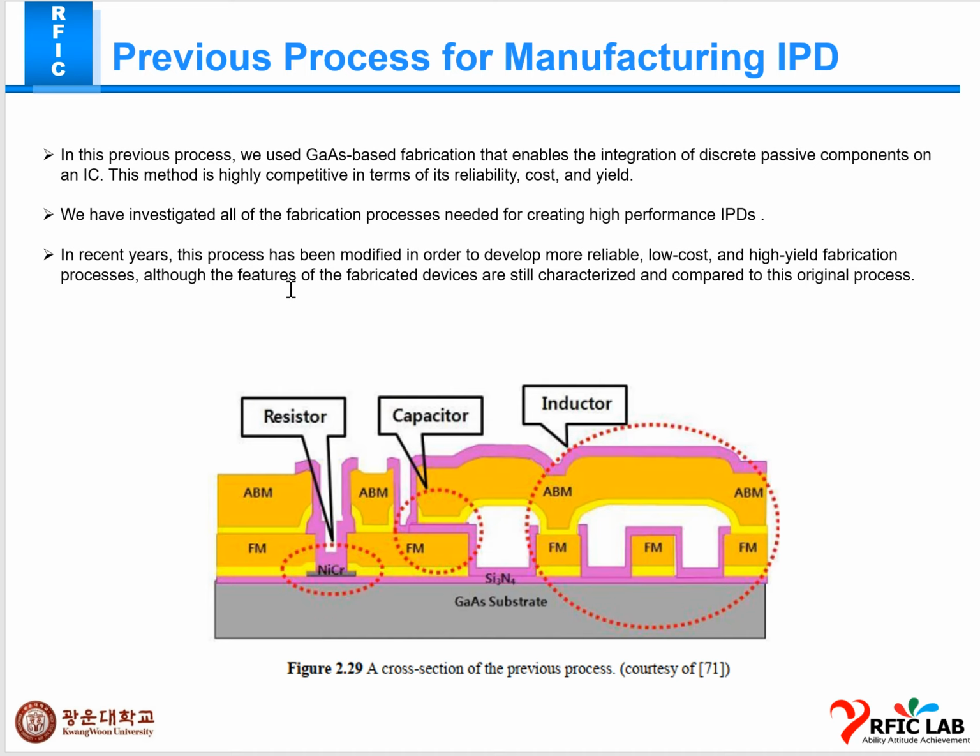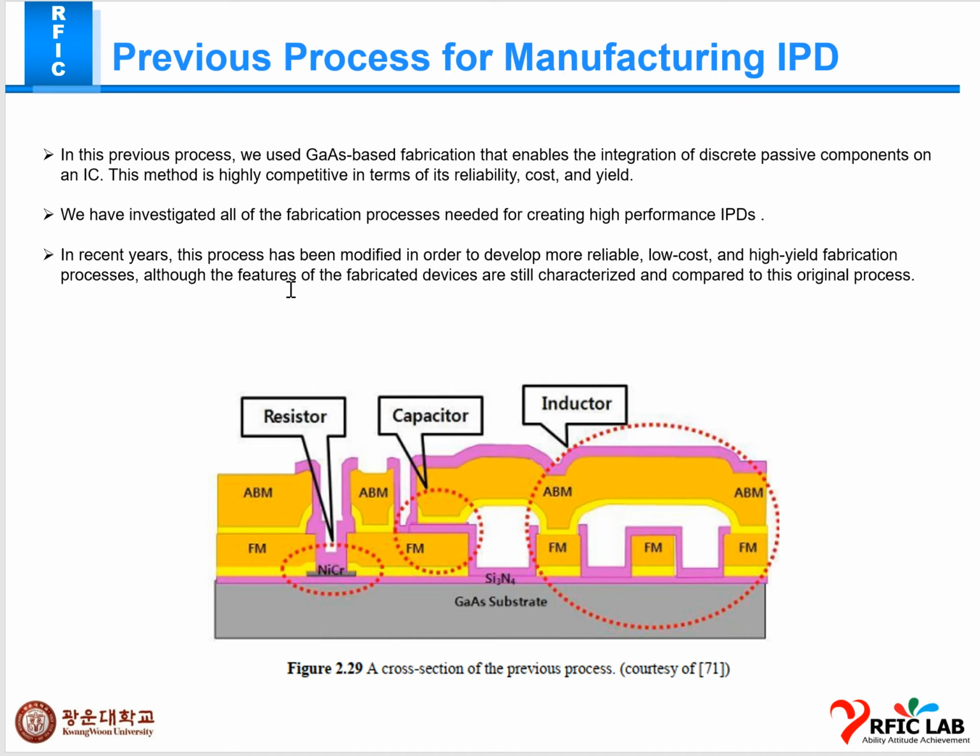This slide is about the previous process that was used for manufacturing IPD. This figure is a cross section of the previous process. They were using GaAs based fabrication that enables the integration of discrete passive components on an IC.